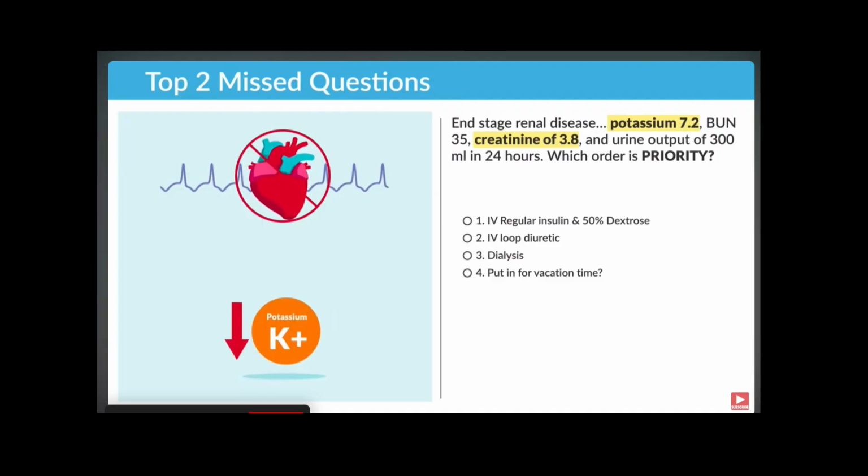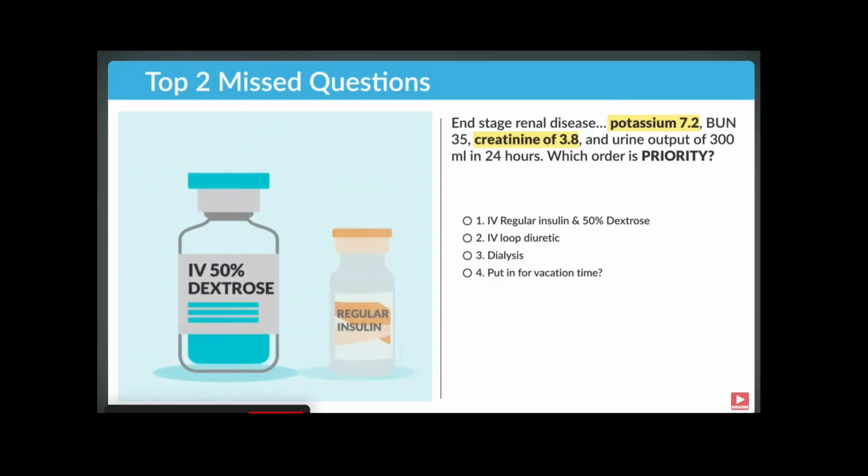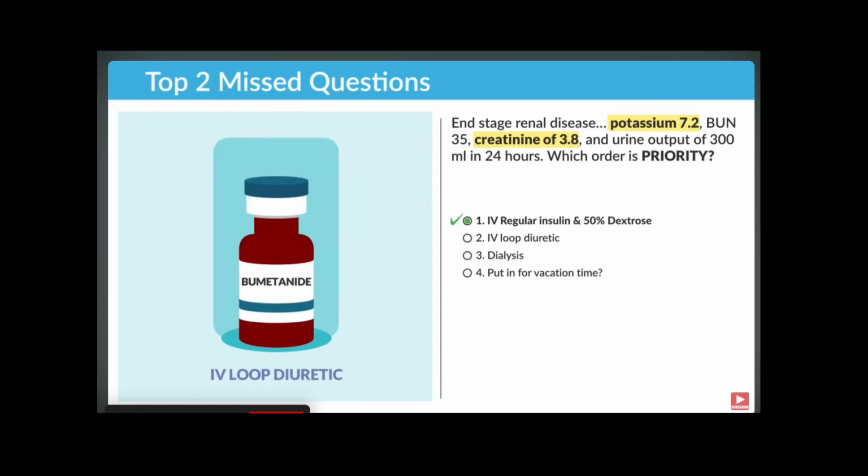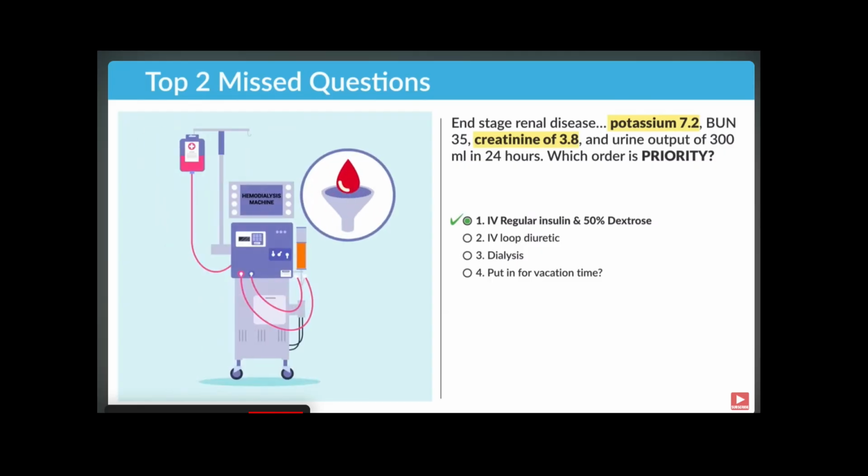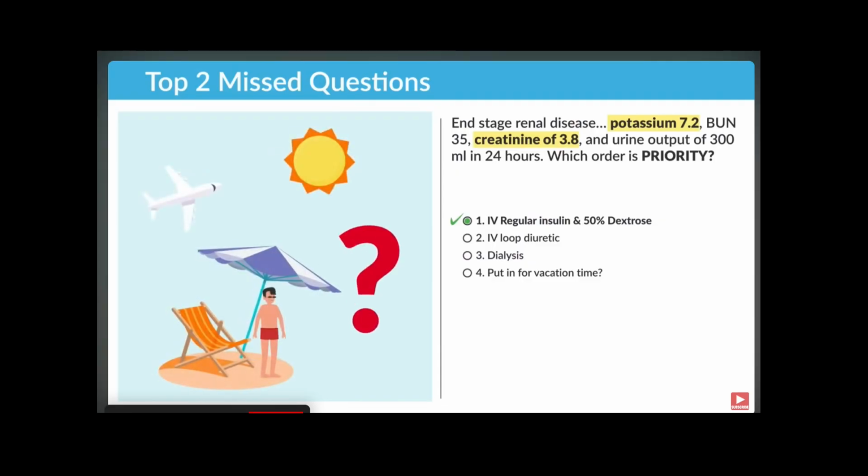So we need to lower that potassium first with insulin, which puts sugar and potassium into the cell. So option number 1, IV regular insulin and 50% dextrose. Yes, we give this first. Not loop diuretics and not dialysis. This is used later. And definitely not option number 4, the vacation time, even though it's pretty tempting.